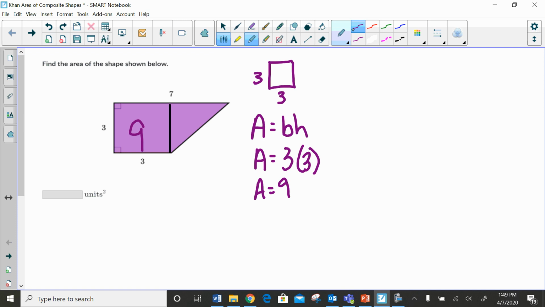Now, the other picture we have is our triangle. Let me start by writing my formula for the area of a triangle, and that is area equals 1/2 base times height. Let me outline this triangle for a moment.